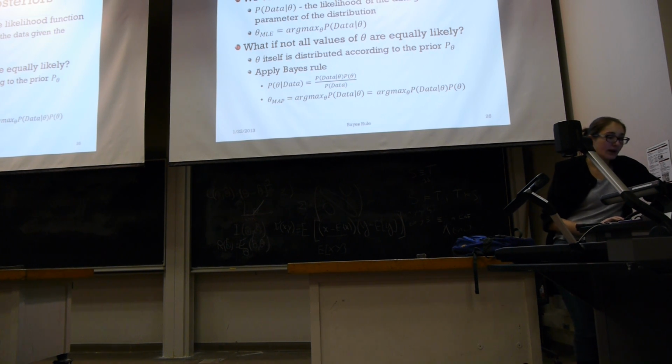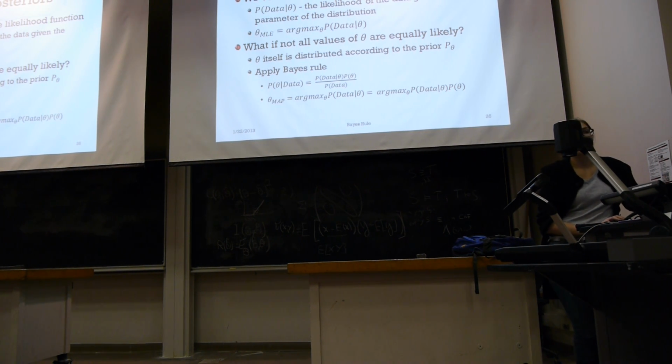Now, the question is, what if not all values of the parameter are equally likely? So theta itself is distributed according to some prior p of theta. Then we can apply Bayes' rule and get the posterior, the probability of the parameter given the data. So how likely is a certain value of the parameter given the data that we have seen so far?